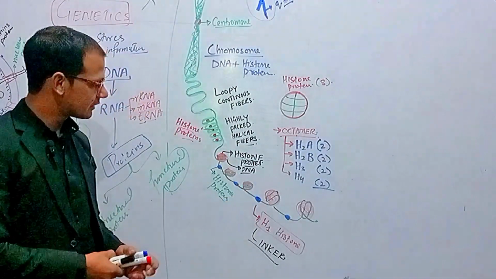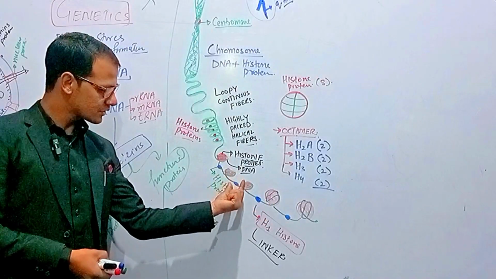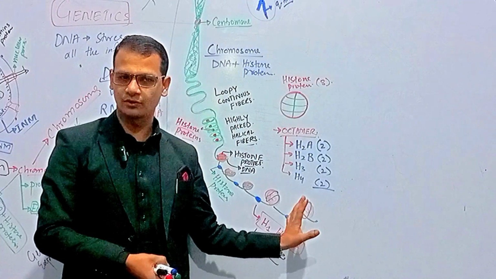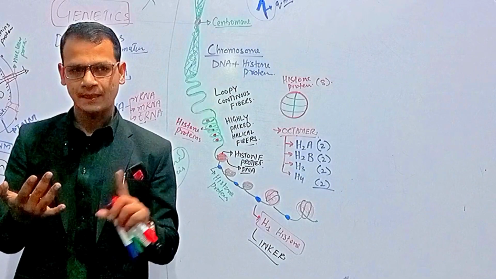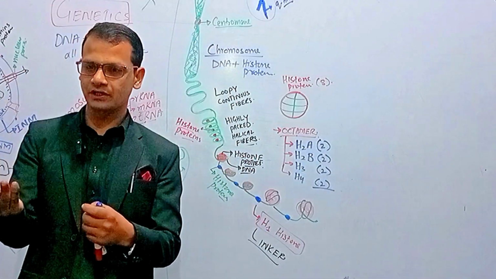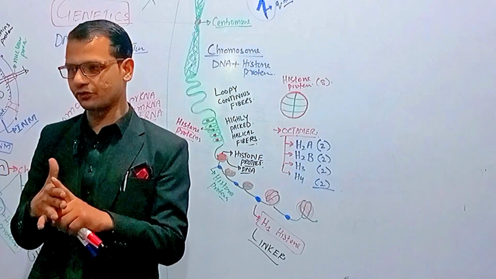So this is some overview of these loops. After this, we will zoom into this green fiber, which is DNA. Histone protein is finished. There are two types of histone protein: the one is H1 and the second one is the octamer. Octamer is made up of 8 further units, H2A, H2B, H3, H4.